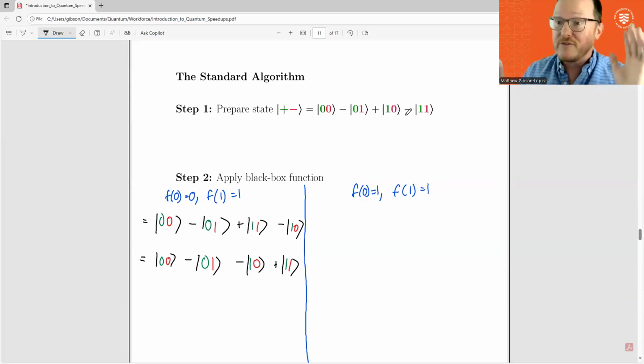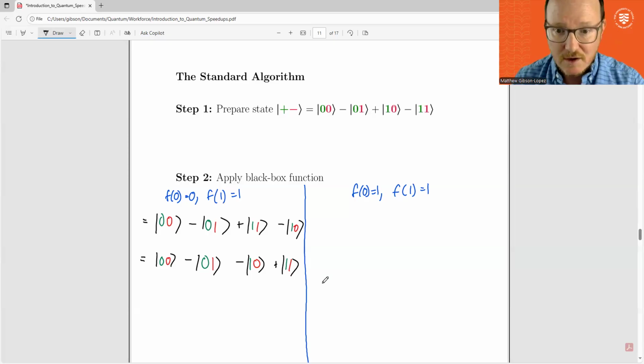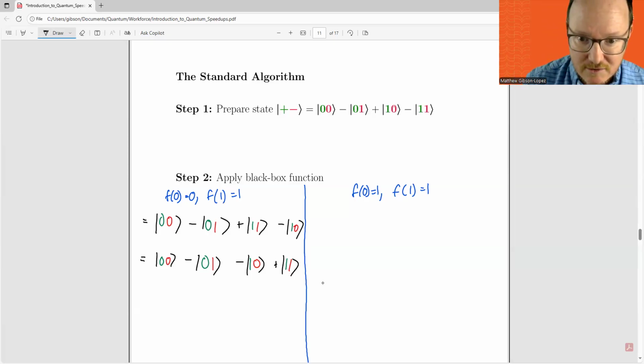Intuitively, if the function evaluates to one, both of the red qubits are going to flip, but that's effectively going to swap the signs. So this plus and this minus got swapped. Okay. Now let's do it on the right side when the function is both one.